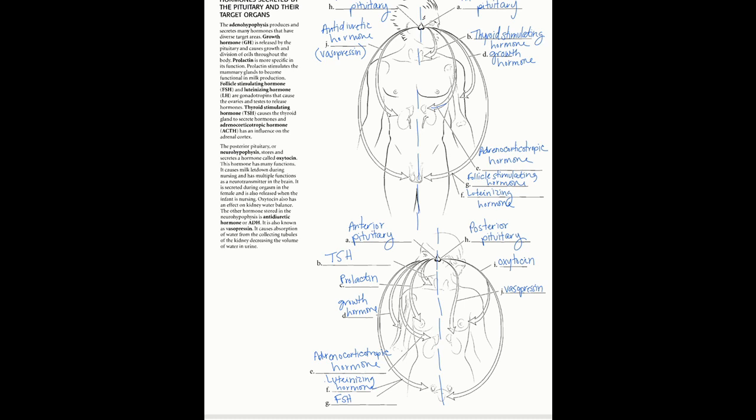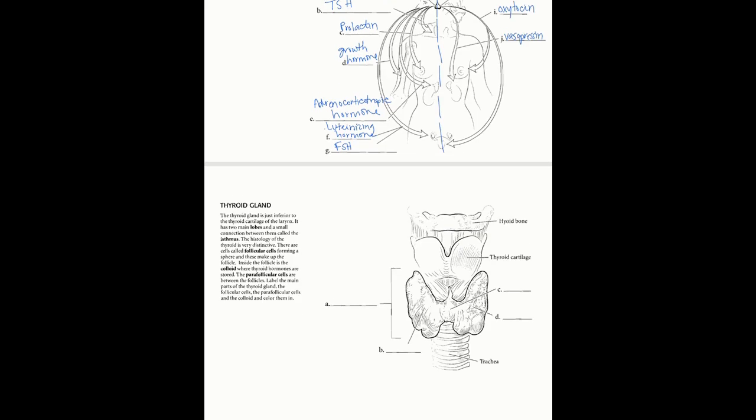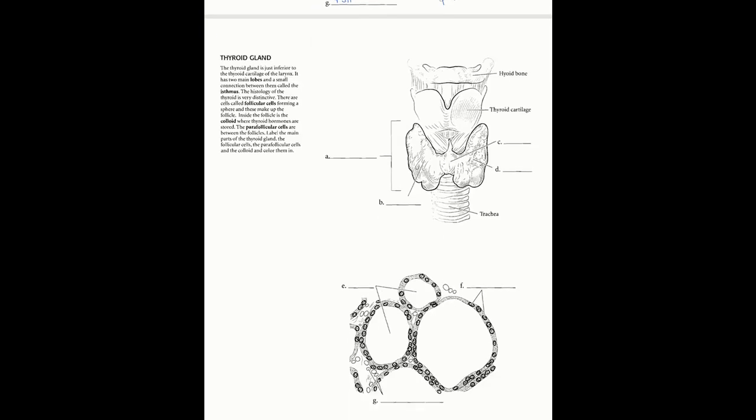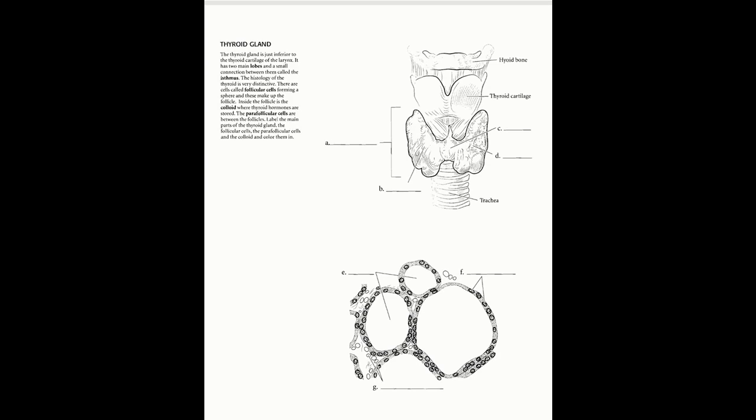Let's go ahead and jump to the thyroid. So first off, if we look at structure, this whole gland here that's represented by A is the thyroid. It is butterfly shaped. It has two lobes. Thankfully, they're named pretty simply.